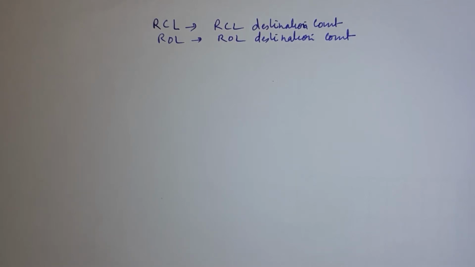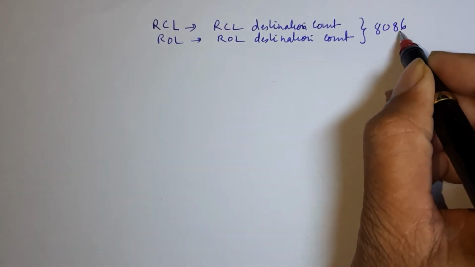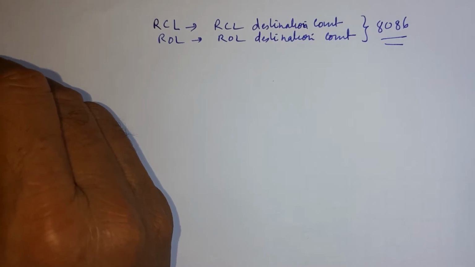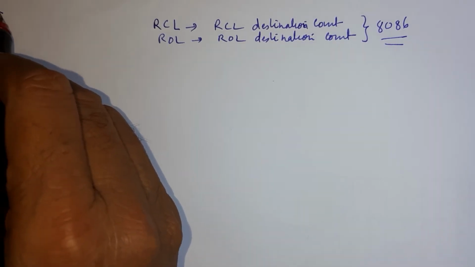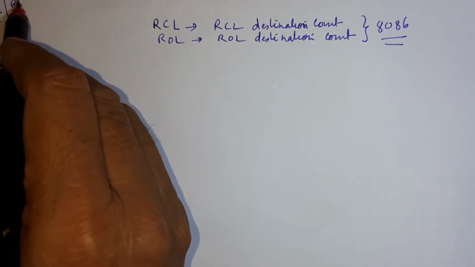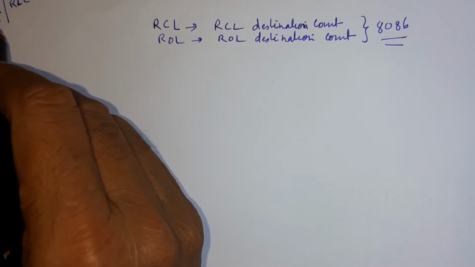Now I am going to discuss two very important rotate instructions in the 8086 microprocessor. When we compare with the 8085 microprocessor, as we know, in the 8085 we have four rotate instructions.